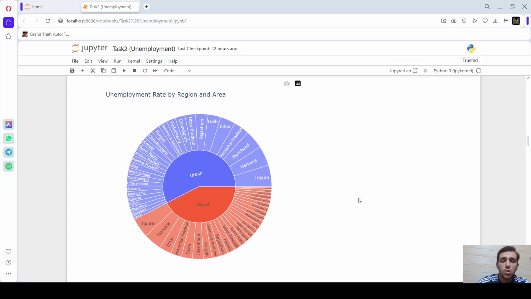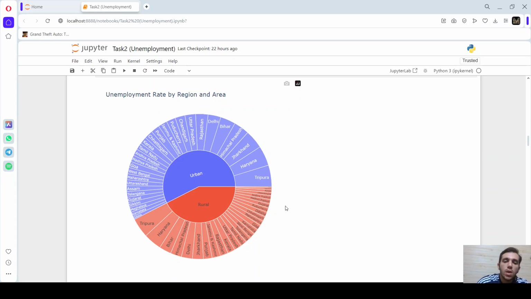We can also say that the unemployment rate in the rural area is also high, and maybe that's because when people faced corona, they maybe went to the rural areas for safety or even for searching for a job there, and so the unemployment rate even in the rural area is relatively high.